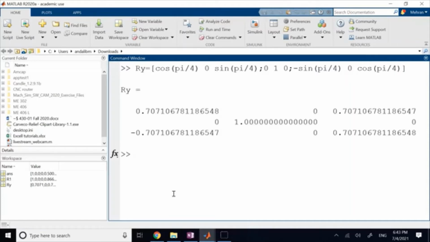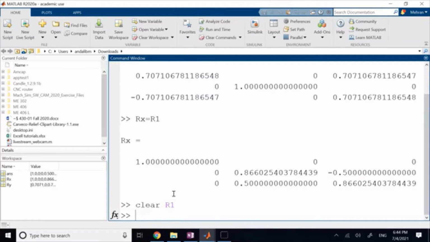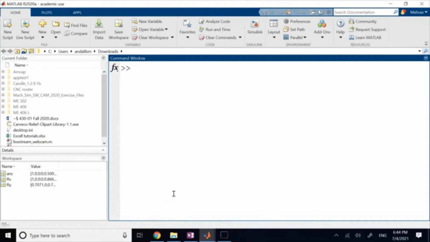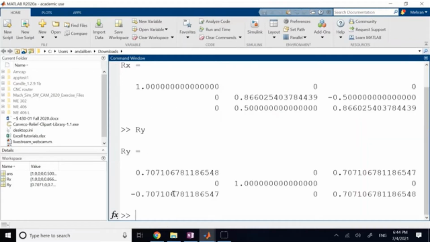Okay, so this is the Y rotation matrix, and I would call R1 also Rx, if you don't mind, and clean up R1 because it's better to give them meaningful names. So I have an Rx matrix, which is an X rotation, and I also have a Y rotation.